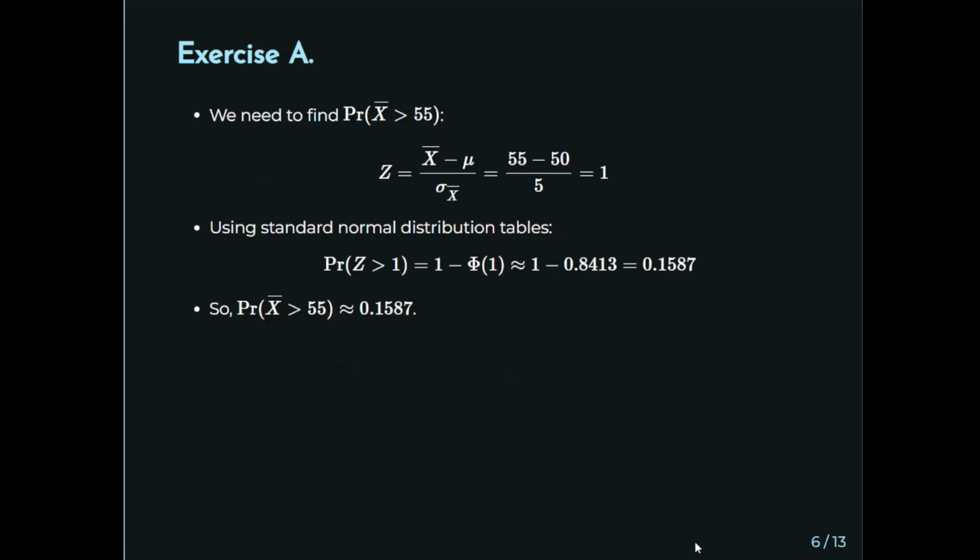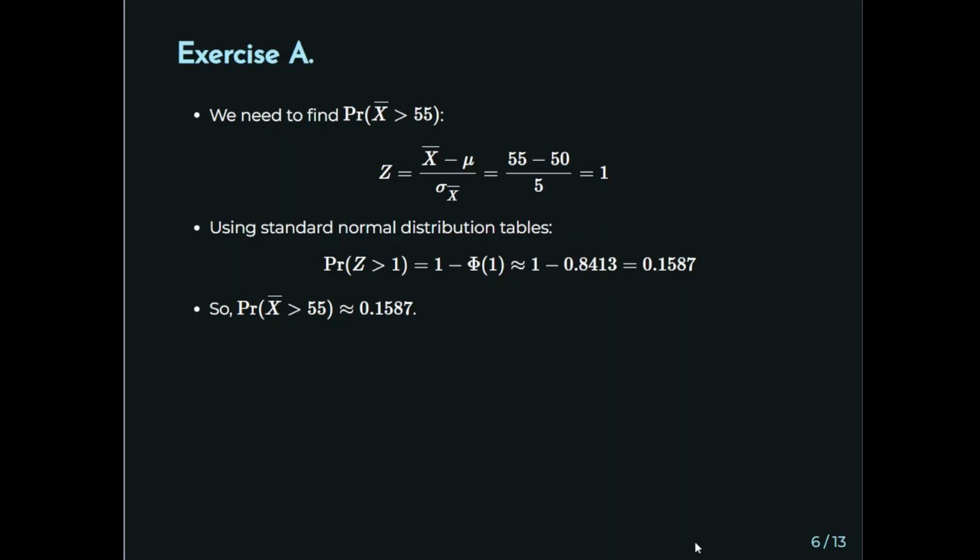So we need to find the probability of x bar being greater than 55. Essentially we're going to use z-scores and the cumulative distribution function of the standard normal distribution. So z equals x bar minus mu divided by sigma of x bar. That is 55 minus 50 divided by 5, which is equal to 1.